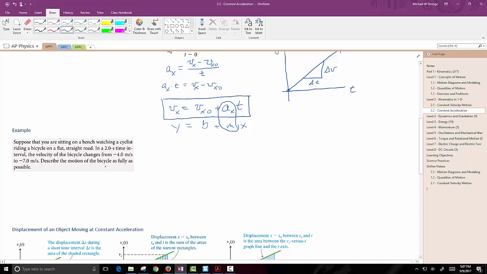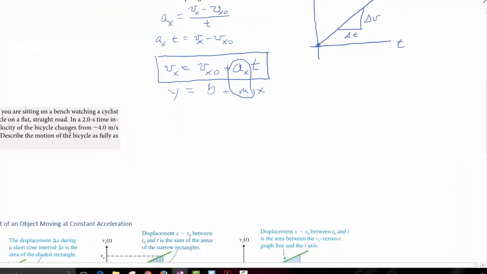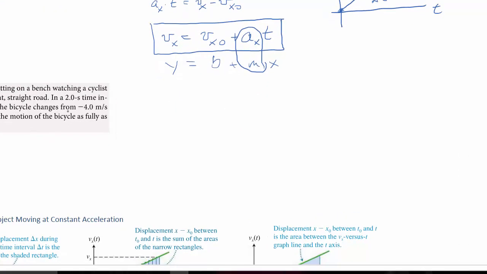The first thing you want to do when you analyze situations like this is maybe make a little picture. We know that the bicycle is moving with a negative velocity. If I take left to be negative, then I know the bicyclist is moving in this direction with a velocity that begins at -4 meters per second, and then goes to -7.